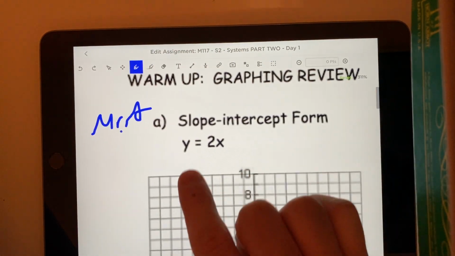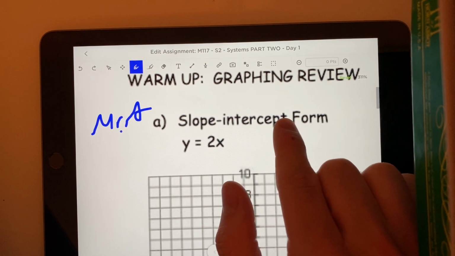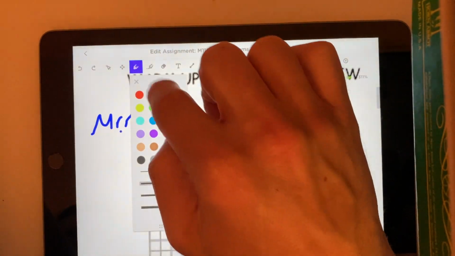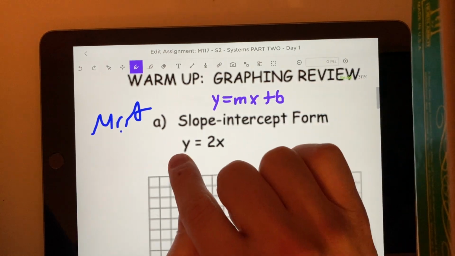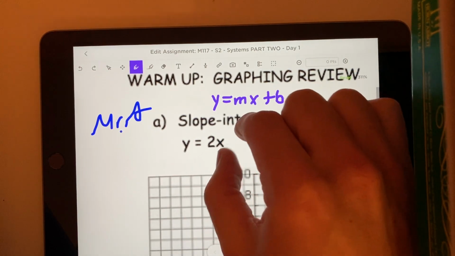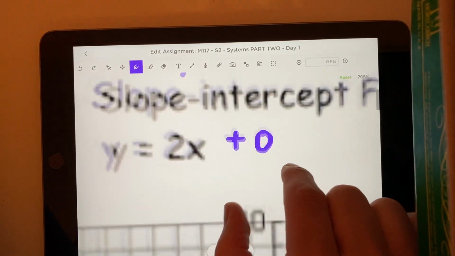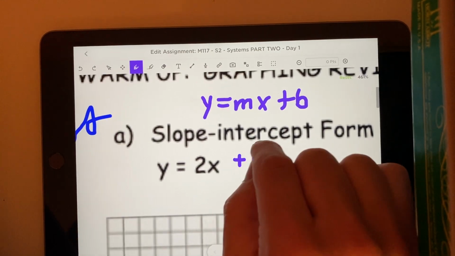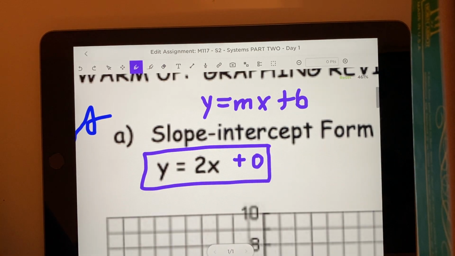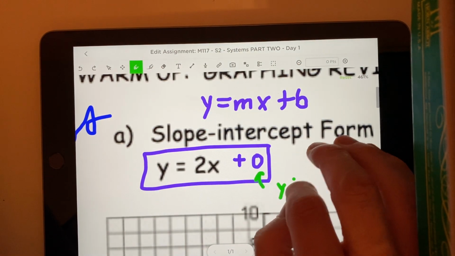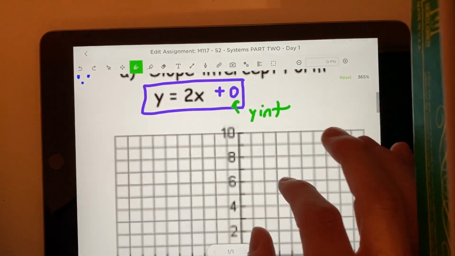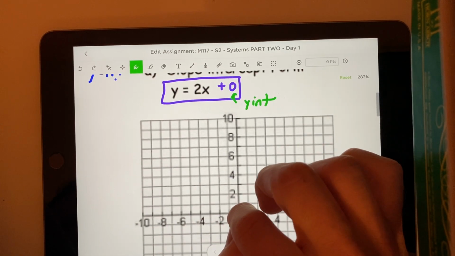For this first problem, it says slope-intercept form. Remember, slope-intercept form was y equals mx plus b. So this is y equals mx, but my plus b is plus 0, because there is no b at the end. And we're going to plot my y-intercept, which is 0, because there's nothing there.